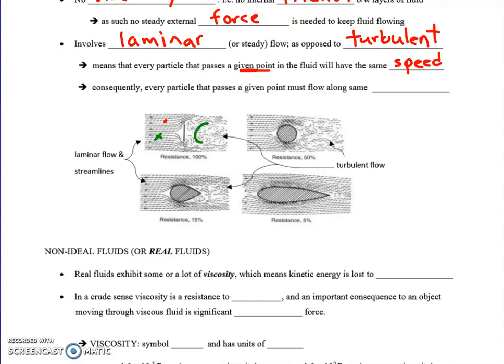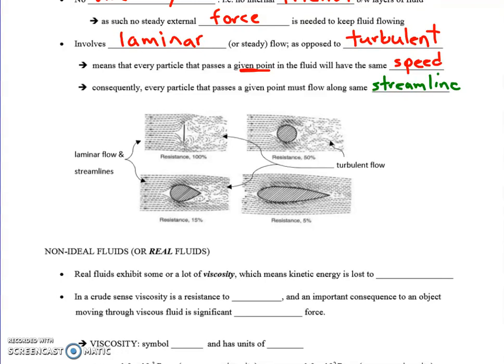Whereas if you get in this region, which is turbulent, if you have a particle pass through at one time, it might be going one speed, and then when it passes through here at another time, it might be going a very different speed. So that's what really defines turbulence. Consequent to that definition is every particle that passes a given point, doesn't matter where, must flow along the same what we call streamline.